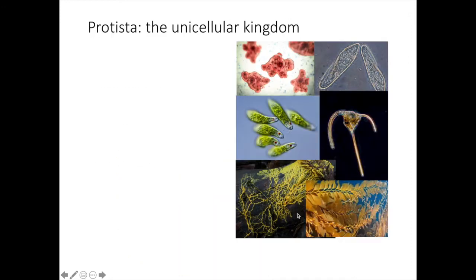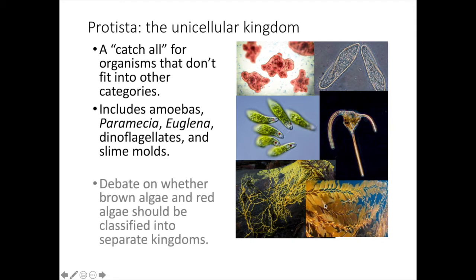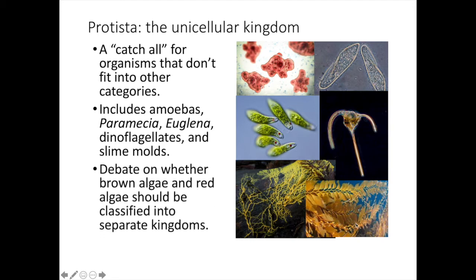You might have things like amoebas, paramecia, which I'm hoping we'll see under a microscope, euglena, dinoflagellates, slime molds, and then some people would say brown algae, red algae, which are very large multicellular organisms, but they don't fit as plants, they don't fit as animals, they don't fit as fungi, so oftentimes they're either put into their own separate kingdoms or they're included as protists because they just don't fit anywhere else.